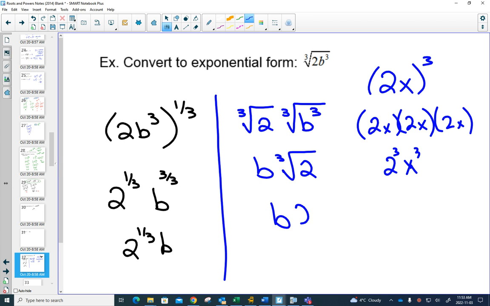And then, we tend to write our numbers first and letters second. But b times 2 to the 1/3 is the same as 2 to the 1/3 times b. Okay, we're going to get our quizzes back.